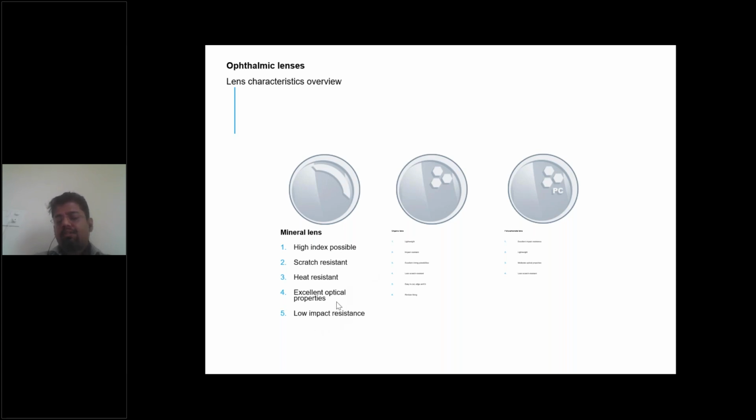Though everything else was fine, they were scratch resistant, high index was also possible, excellent optical properties, but low impact resistance and heavy weight of the lens led these glass lenses to become outdated.